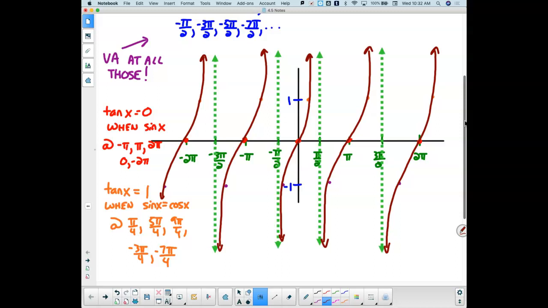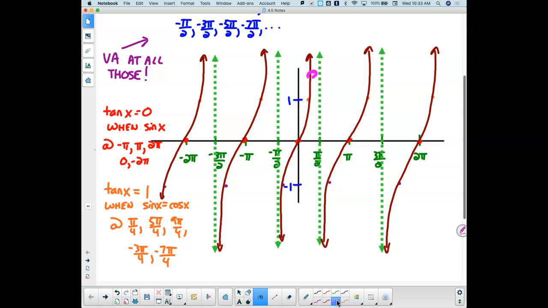Let's check it with pi over 3. Okay? If I'm looking at a unit circle, pi over 3 is between pi over 4 and pi over 2. Agreed? So that would be somewhere up in here. So it should be bigger than 1 upon checking.